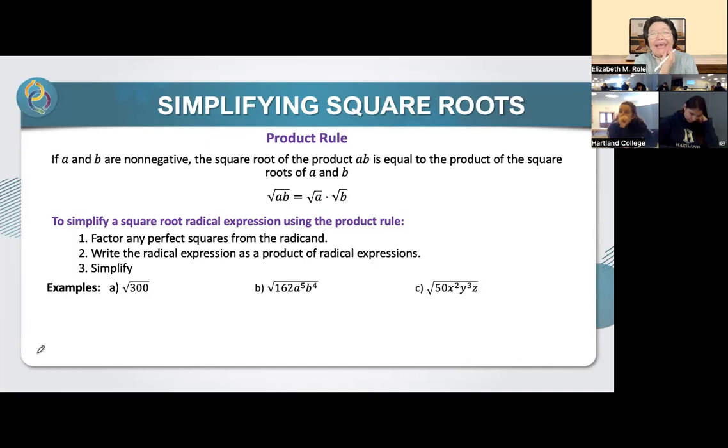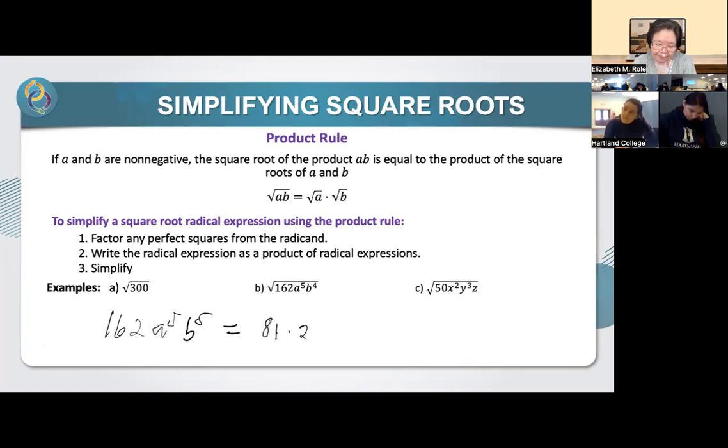Yeah, 81 times 2. So we can write 162 a to the 5th, b to the 4th as 162 is 81 times 2.